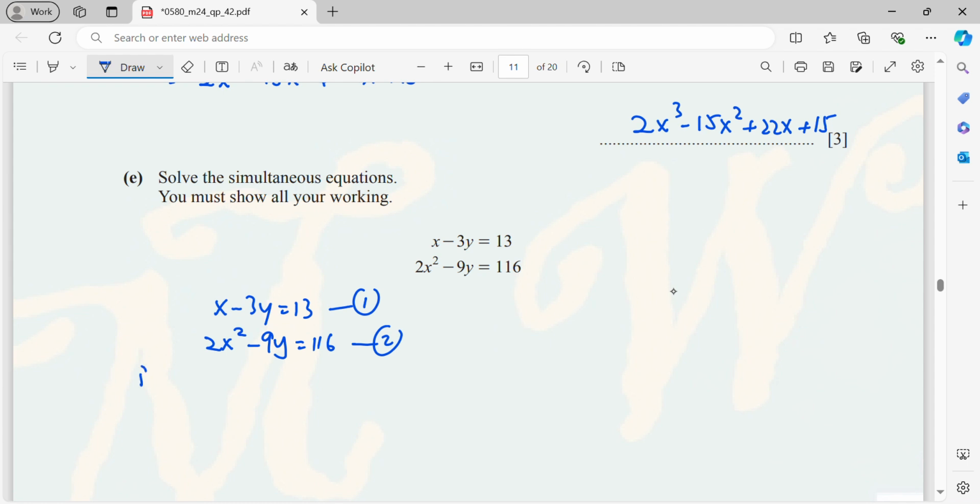You may use substitution method. So I need to get the 9y from the first equation. So I need to times 3. Do the 3y there. So 13 times 3, you'll be getting 39. This is my third equation.